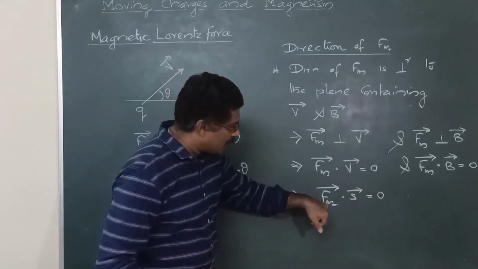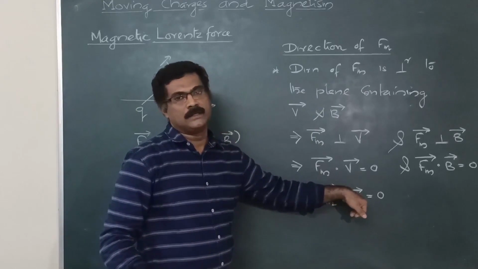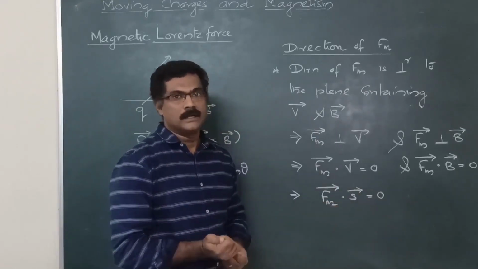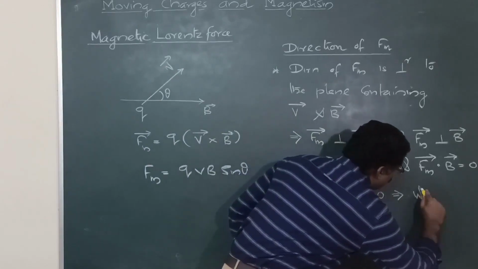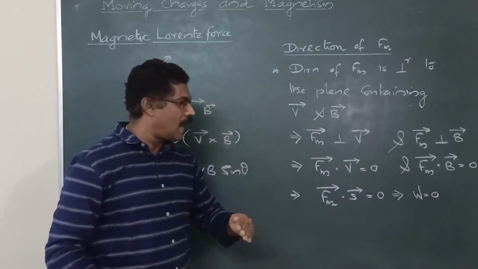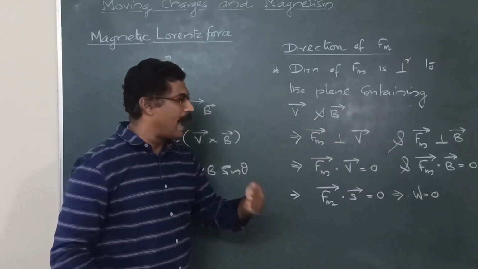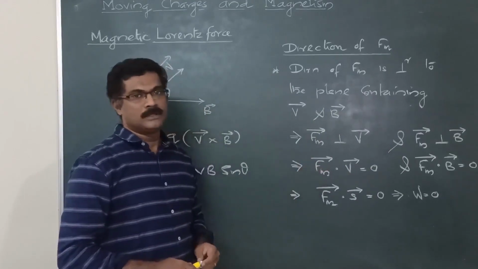What is the meaning of Fm dot S? Force dot displacement vector gives the work done. So work done by the magnetic Lorentz force on a charged particle moving through a magnetic field is 0. That's a very important point.